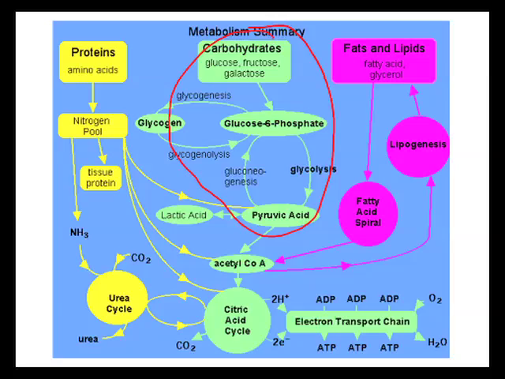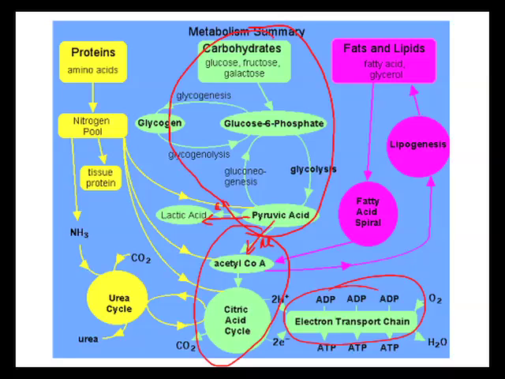Now, depending on if there's oxygen present or not, is going to determine what happens at this point, and we'll get into that. But you'll notice that there's a lactic acid pathway. That's actually the anaerobic pathway, and then there's the aerobic pathway, which leads into the citric acid cycle. And well, we'll get into all that fun stuff. And then we have the final one, electron transport.